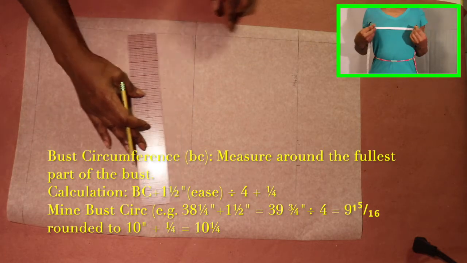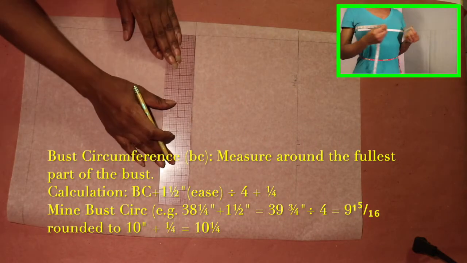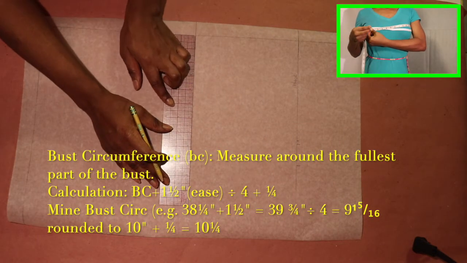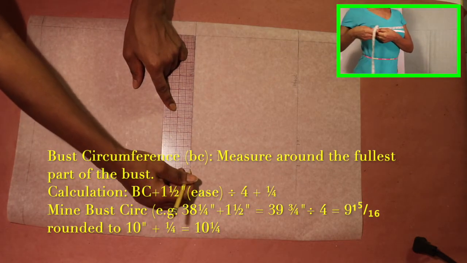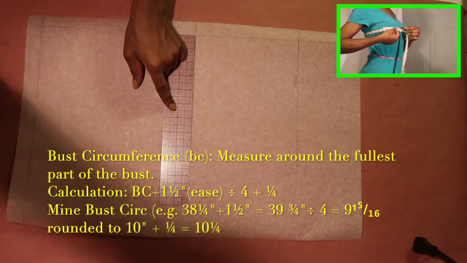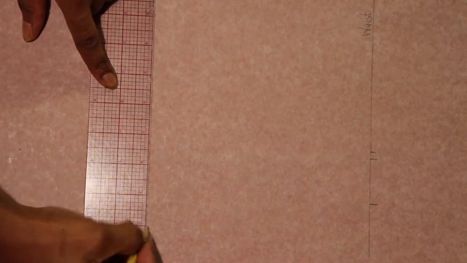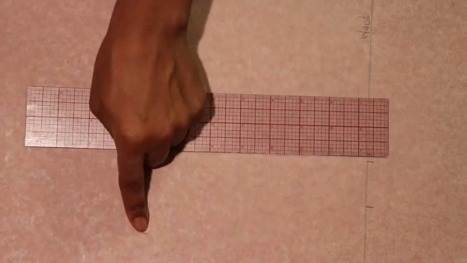Using my measurement, I squared out 10 inches, which is 1/4 of my bust measurement, then squared out 1/4 of an inch from that 10-inch point mark. The same analogy applies: we measure more from side seam to side seam at the front bust than side seam to side seam at the back. Then connect the waist point and bust point with a straight line.